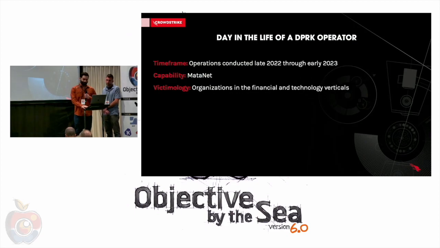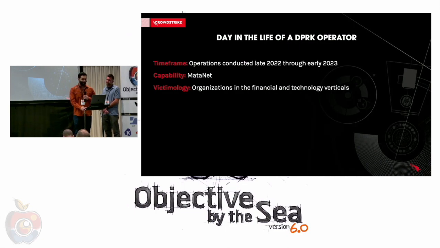So, let's start talking about what this activity looks like on the host. The intrusions we're going to talk about today were conducted between late 2022 and early 2023. These were intrusions that we at CrowdStrike Overwatch saw. And the primary capability that Labyrinth leveraged during these intrusions was the MataNet implant.